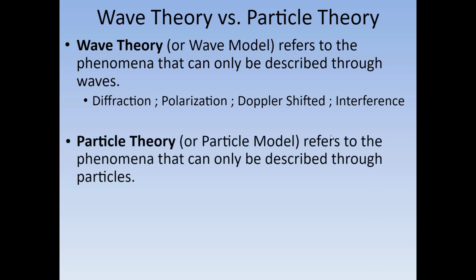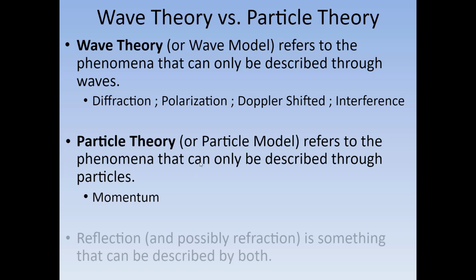So what are things that particles can do that we can describe using the concept of a tennis ball? That's usually what I think about. The main thing that is described through particle theory is momentum. Momentum can only be described when we consider something as a particle, not as a wave.